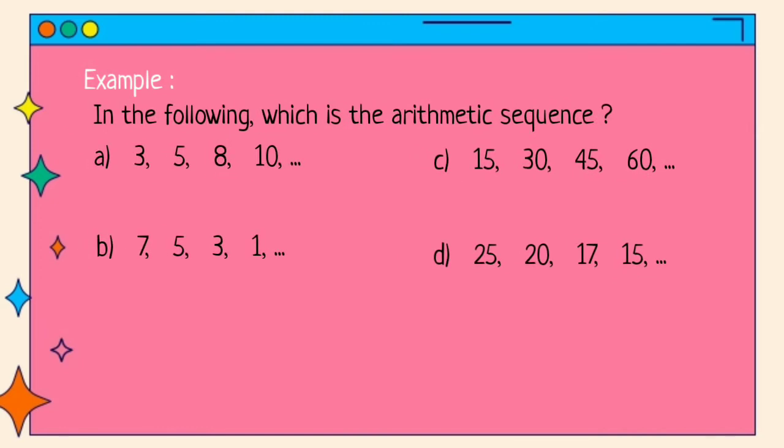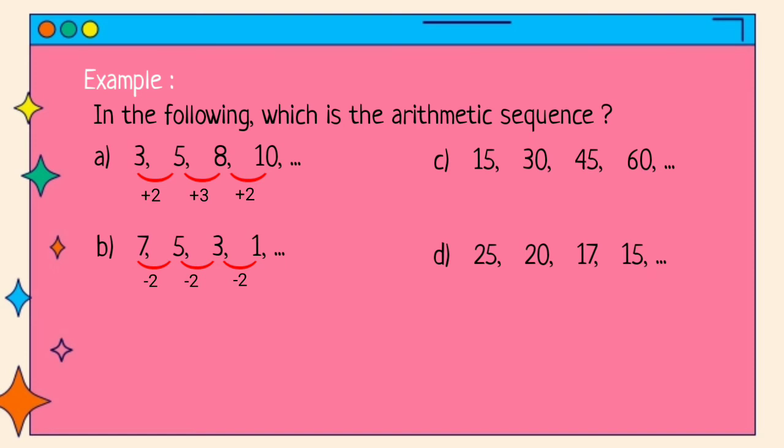Next, the example. In the following, which is the arithmetic sequence? On point A, we have sequence 3, 5, 8, 10, and so on. It's not an arithmetic sequence because the common difference is not constant. On point B, we have sequence 7, 5, 3, 1, and so on. It's an arithmetic sequence because the common difference is constant, which is -2.